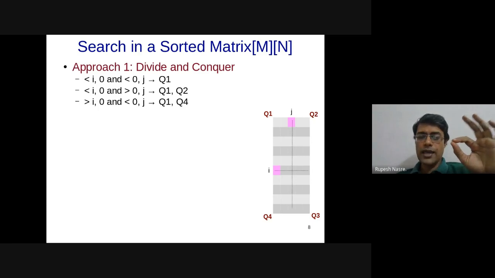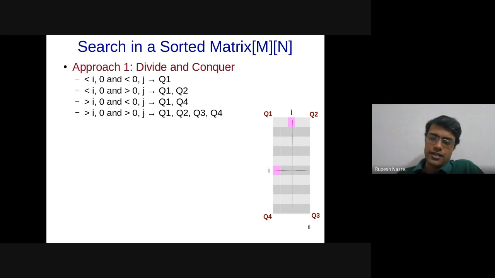I am talking about I0 and 0j. Okay. Q2, Q3, Q4. Tanay is saying Q1, Q2, Q3, Q4. Okay. So Tanay is right that it can actually be in Q1 also.